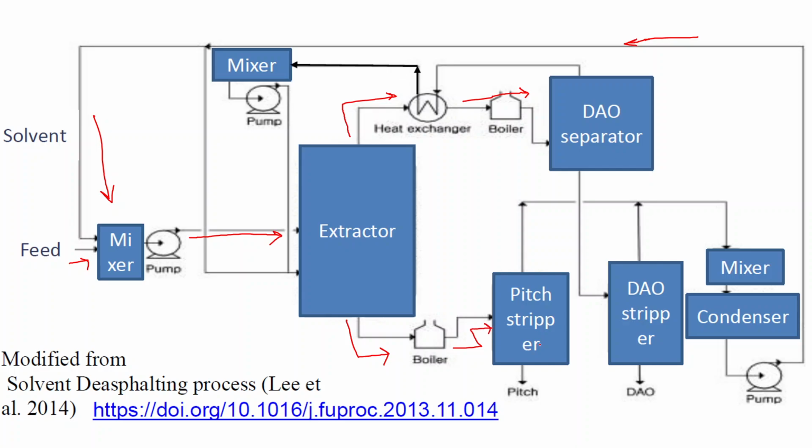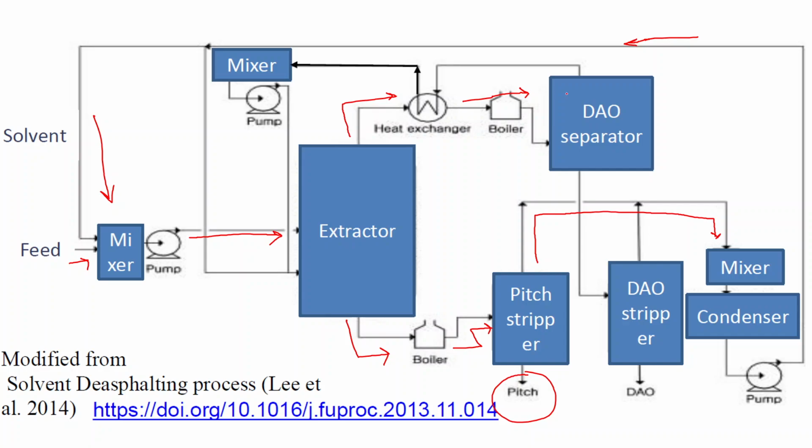Even if this pitch consists of some amount of solvent, the heavier fractions will be given out from below, and the lighter fractions will be taken from here for solvent recovery. It will be sent to the mixer and then the condenser, and after the solvent recovery, the solvent is taken back to the initial stage for further de-asphalting.